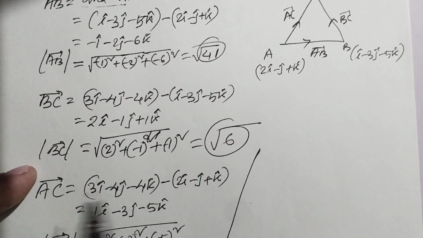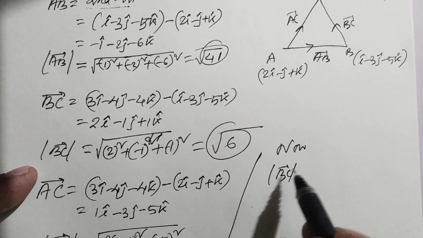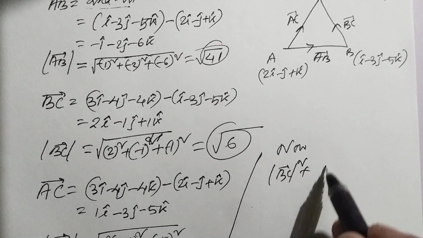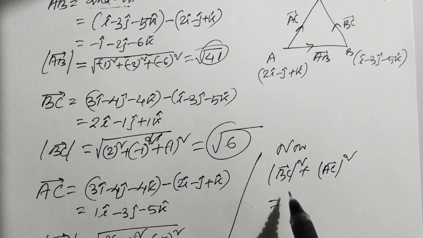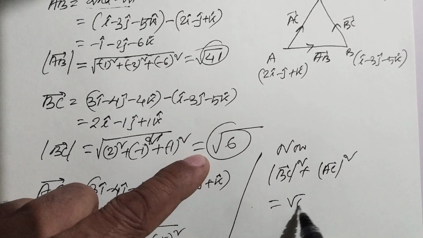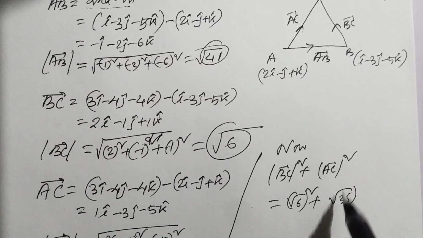So I can show now, see, BC magnitude square plus AC magnitude square is equal to, BC magnitude we got root over 6 square, AC magnitude we got root over 35 square.